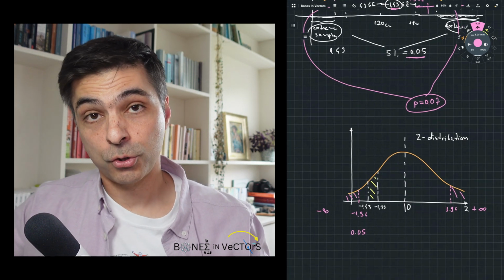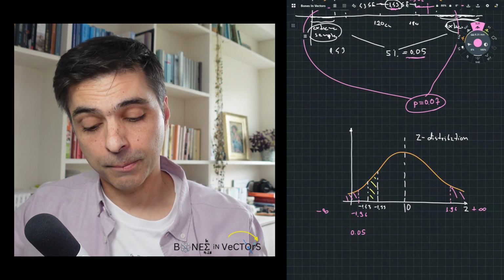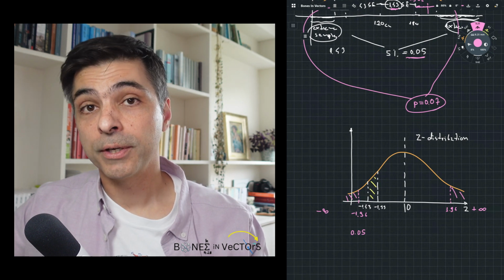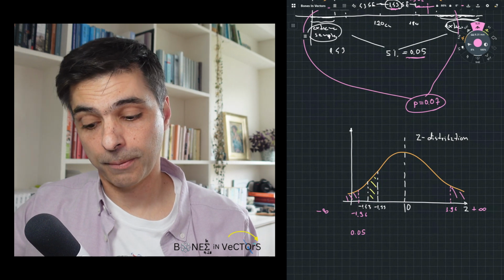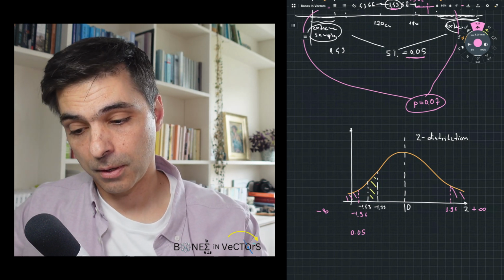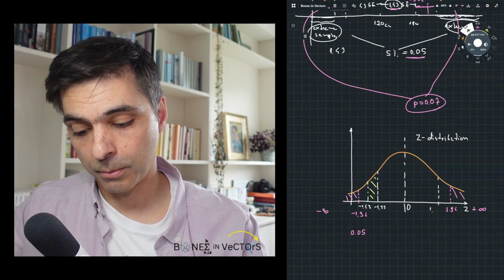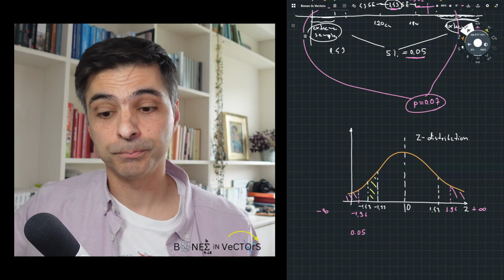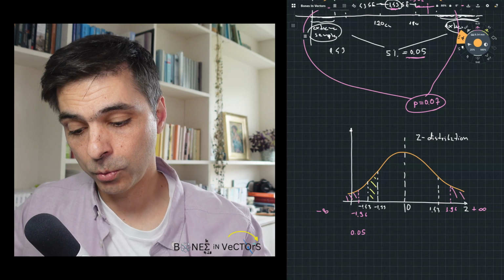We have also said that the probability of getting a value more extreme than minus 1.43 and plus 1.43 is our p-value. And what is our p-value here? How would we represent it?